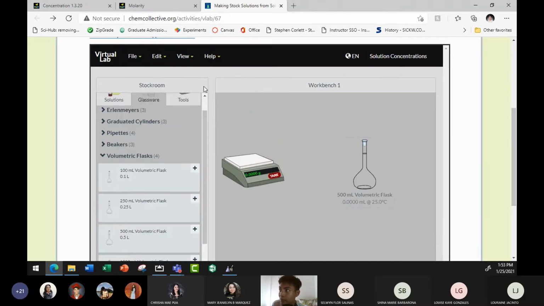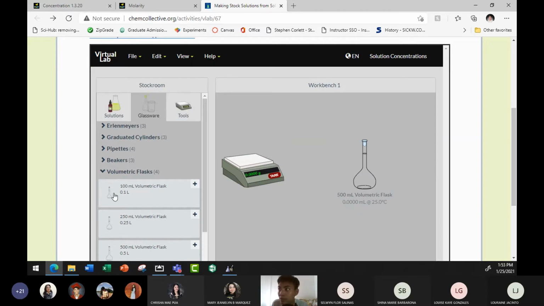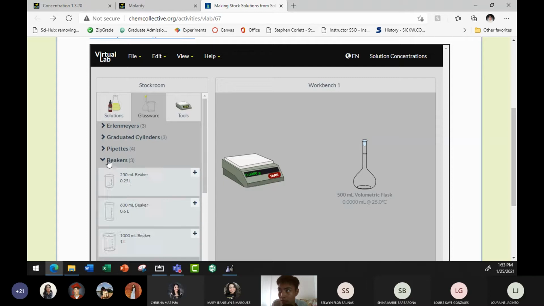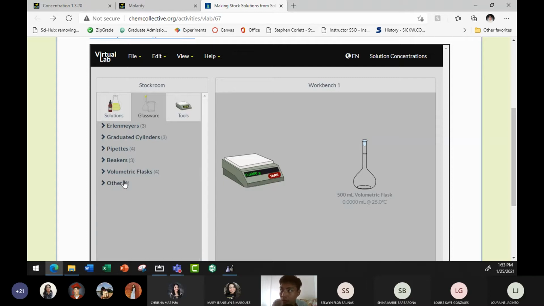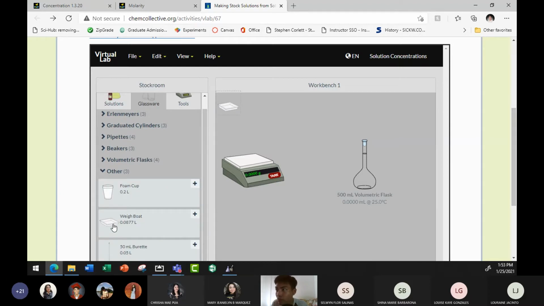Ano pa? Yung pagtitimbangan natin ng solute, kailangan may lalagyanan yan. Pwedeng papel. Papel talaga yung ginagamit namin sa lab. Fold mo lang. Pero kung mayaman yung lab, especially sa industry, may tinatawag silang weighing boat or weigh boat. Okay.